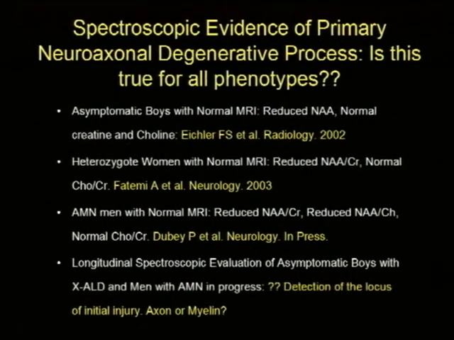Why am I telling you all this? The point is that we have a set of patients whom we can follow very carefully. We can determine precisely, neuroradiologically, the point at which the inflammatory disease develops.